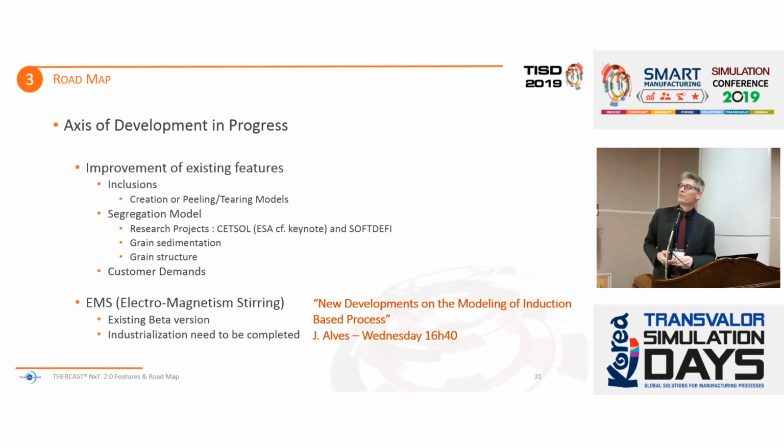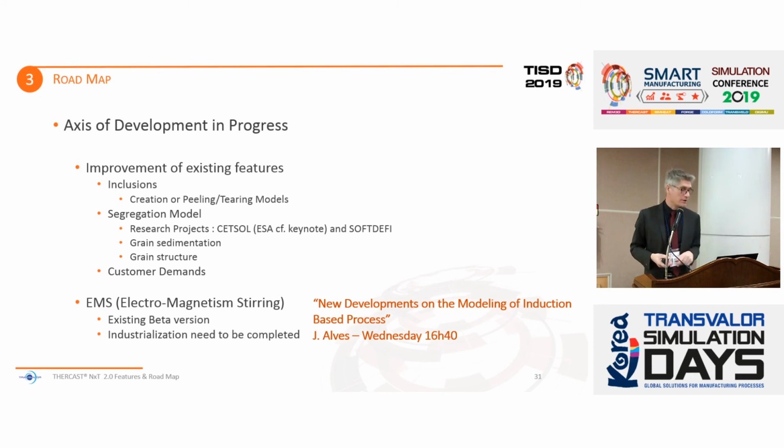And then, because we are still developing different features and adding new features for the next version, we are still working on dedicated specific points. For example, the inclusion model will also be enriched in the future by the possibility to automatically create particles, for example, coming from tears in the running system in terms of filling or other.